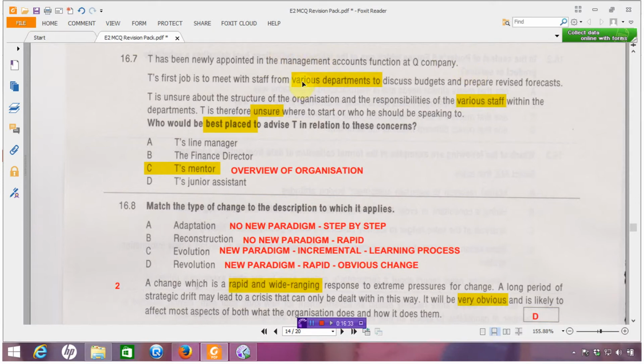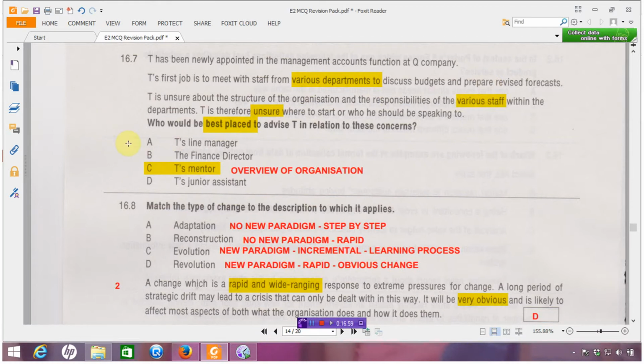In this particular case, this individual, who's an accountant, is looking to discuss standard areas, budgets, revised forecasts, etc., with a number of different parties across the organization. And because the position is new to this individual, they're unsure as to who they should ask.